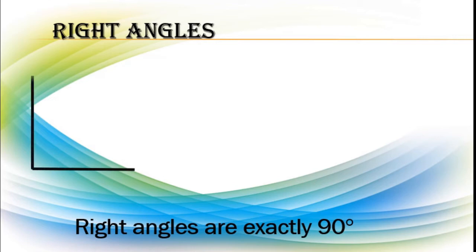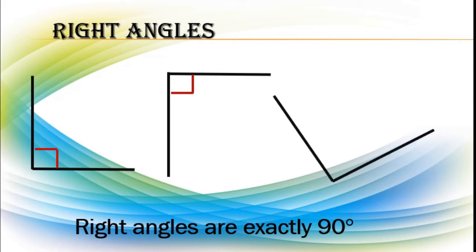See students, here we saw like this, correct? This is a right angle. Right angles are exactly equal to 90 degrees. See this? You can see this also.